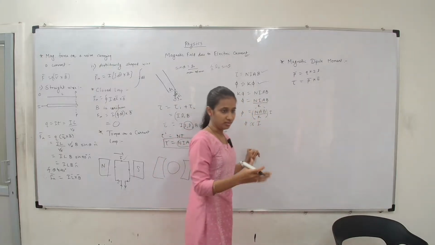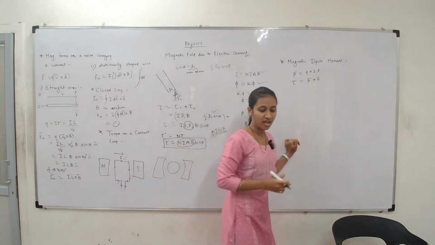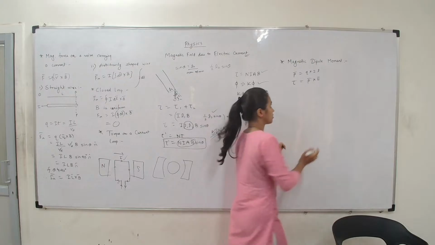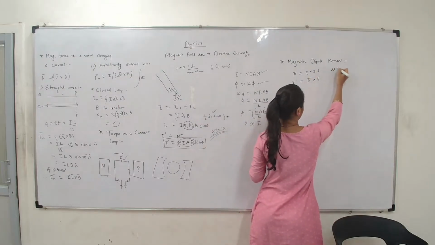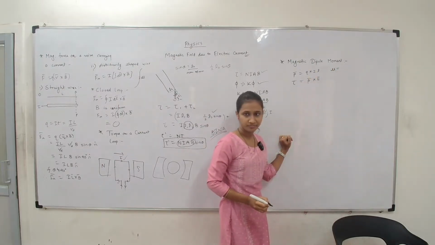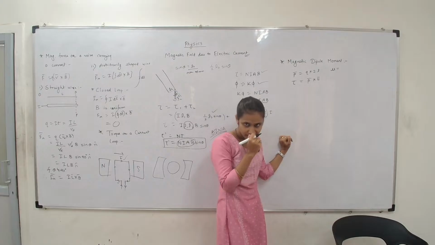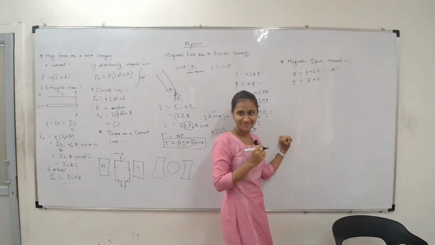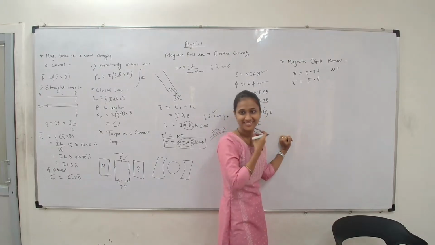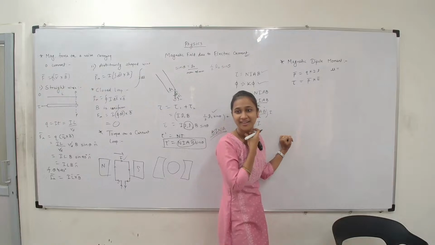In this section, in magnetism, we again have this magnetic dipole moment. So here, the magnetic dipole moment is denoted by mu. Do you remember the formula? Mu.